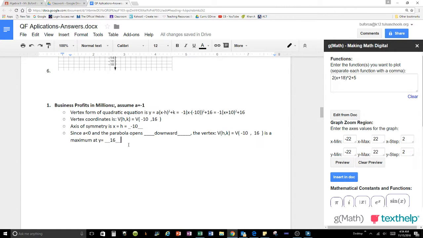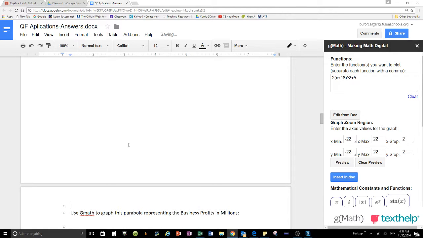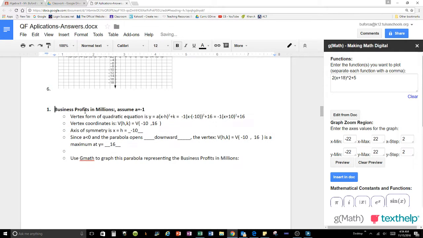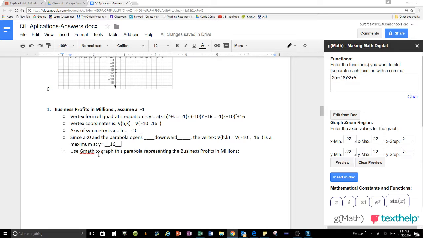Now what we want to do is graph this equation, so we need to put this equation here and here. So we'll just change some of these.